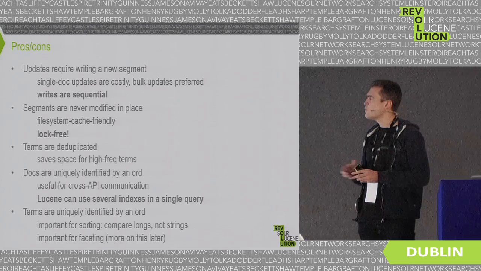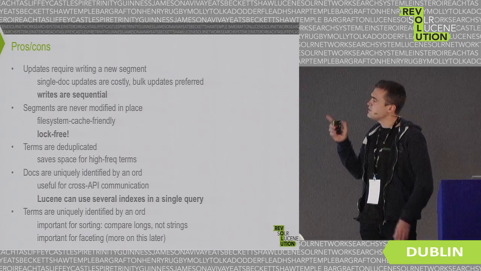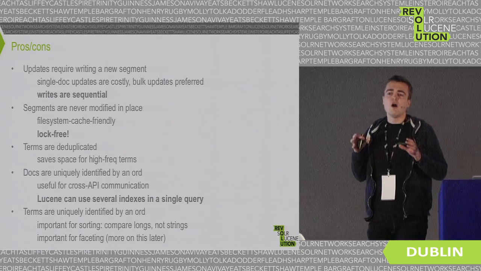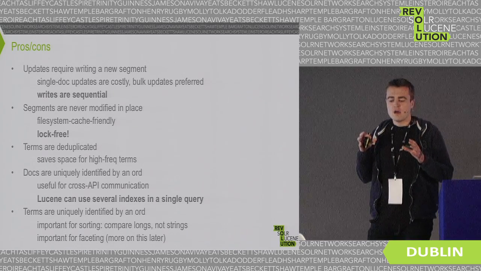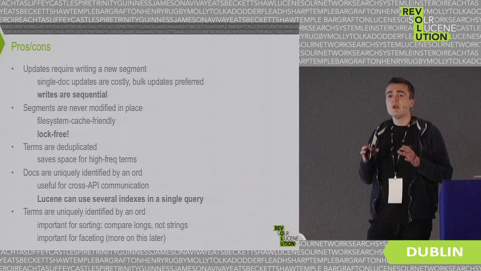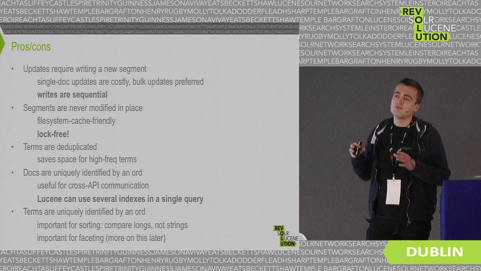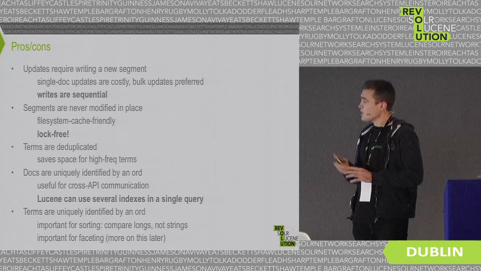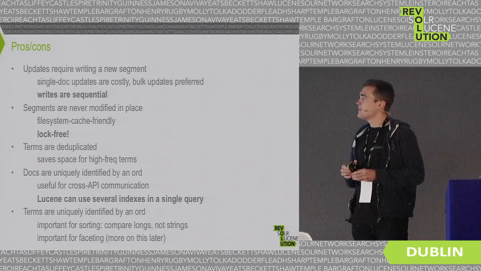Another good point, which was already the case but is still good to mention, is that terms are deduplicated. This means that if you have a very high number of high-frequency terms, we are going to save space, because we are going to store them only once in the index. Documents are uniquely identified by an ordinal.